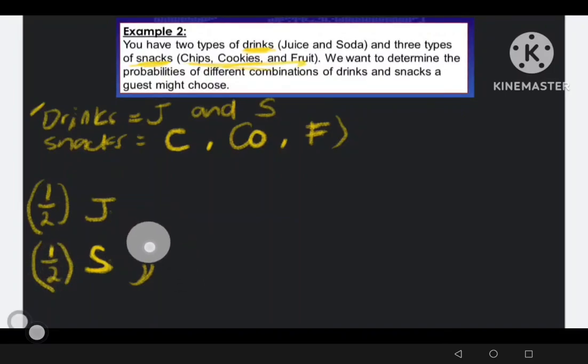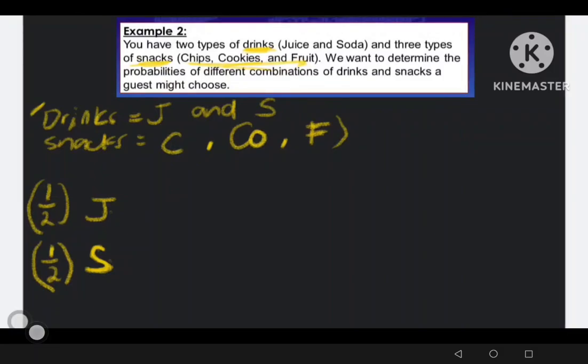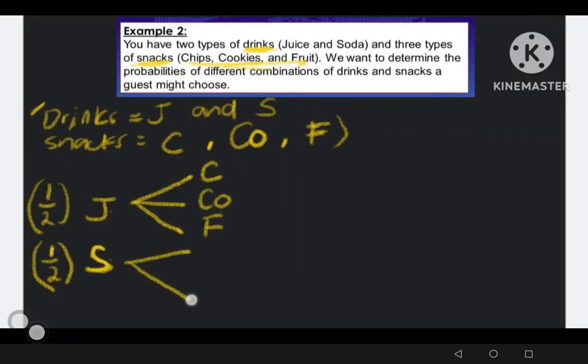Okay, next one. We will combine that one with our snacks. Chips, cookies, and fruit. So let's combine that one. They are three. Chips, cookies, and fruit. We also have here chips, cookies, and fruit.